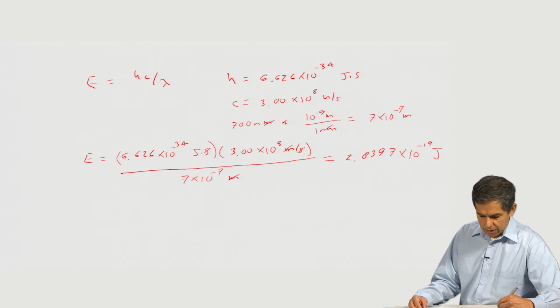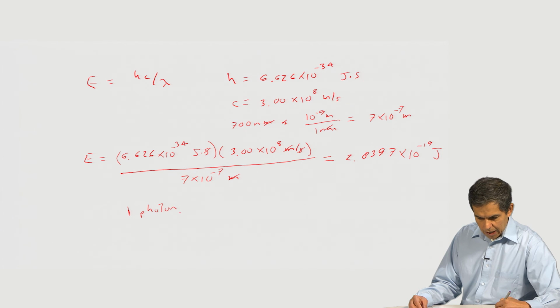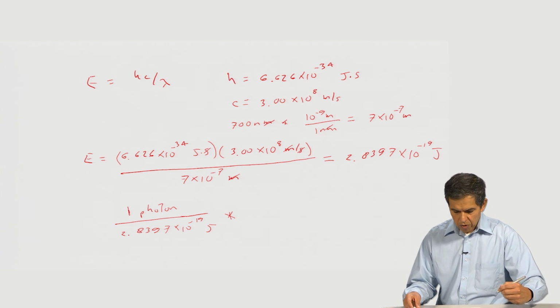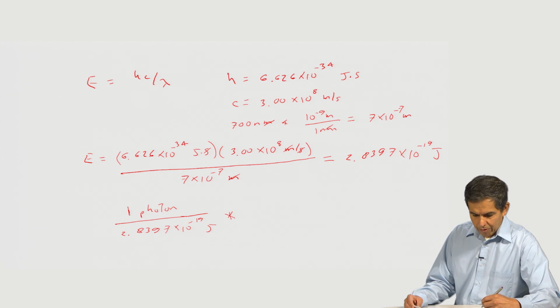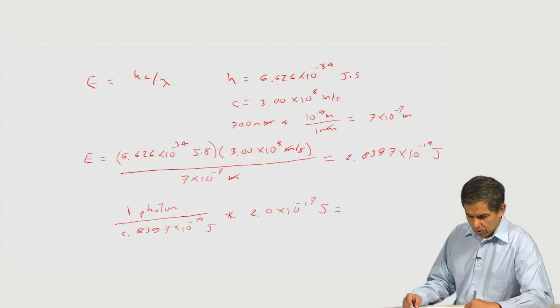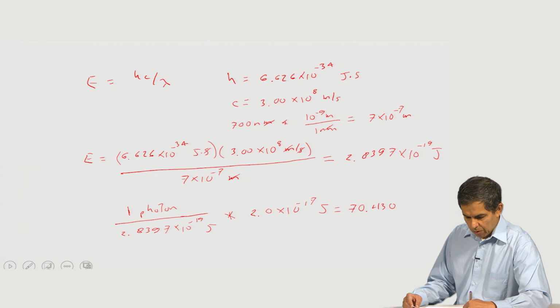So we can say from this then that one photon has an energy that we just calculated, multiplied by the number of photons that are required to trigger the process, which are 2.0 times 10 to the minus 17 joules, gives a total of 70.430, which rounding up means 70 photons. And this should be the answer to this problem.